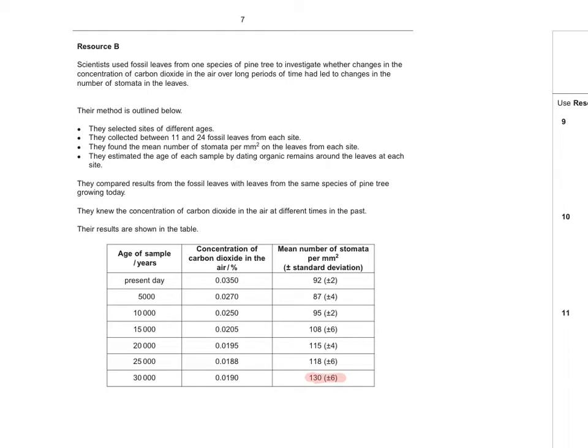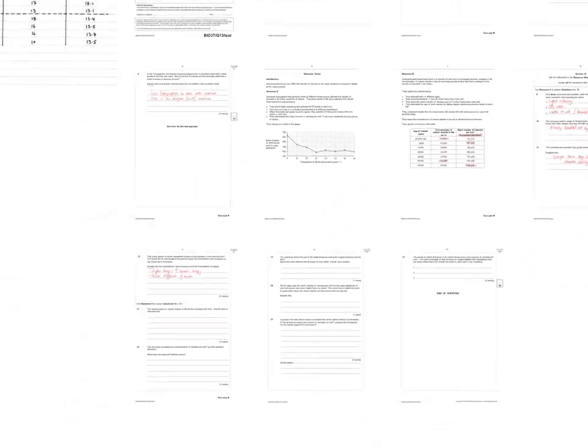Lowest number is there. Okay, highest number here is there. Lowest number is there. Just to make sure that I don't say something stupid later on. Oh, and plus or minus is showing standard deviation. Always make a note of that because the plus or minus can show different things, as you'll discover as you do more stats in year 13.